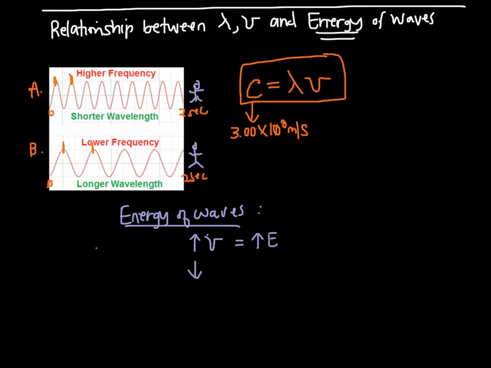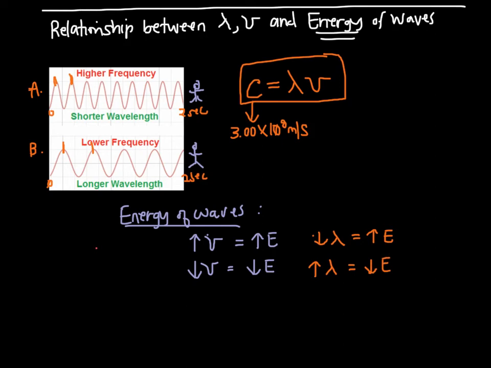And the lower the frequency equals a lower energy wave. And another way you can say that is, instead of talking frequency, we can talk wavelength, right? So the shorter the wavelength, so low wavelength, short wavelength, is going to be high energy, right? Because that's more frequent waves, whereas longer wavelengths are going to be lower energy waves.